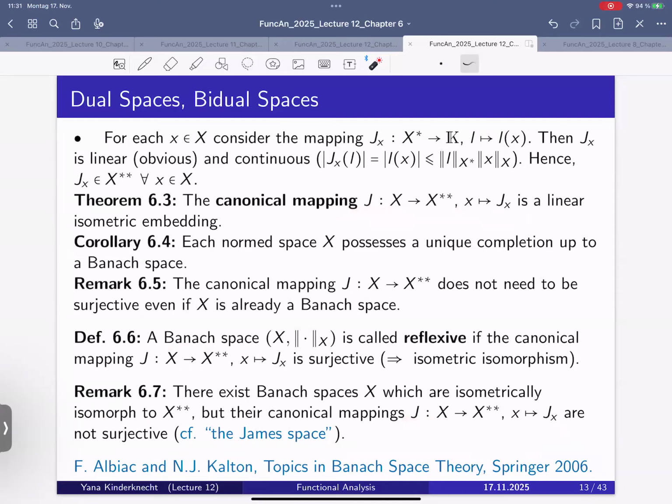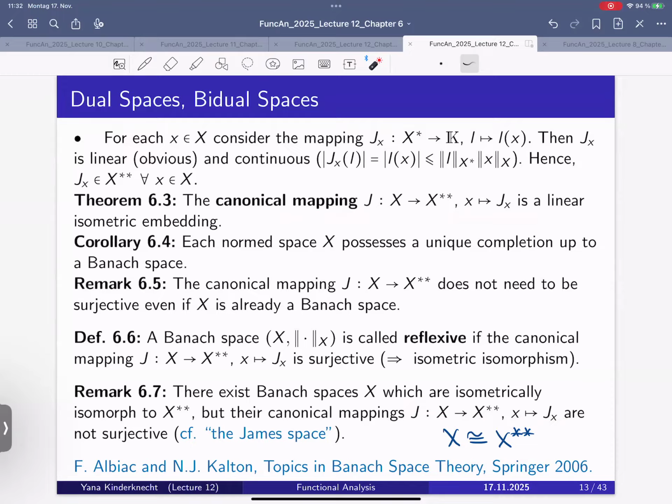That is, we have the situation when X is isometrically isomorphic to its bidual, but X is not reflexive, because for being reflexive it is not enough. This should be done by this exact J, by this canonical mapping, not by some isometric isomorphism, but by exactly this one.